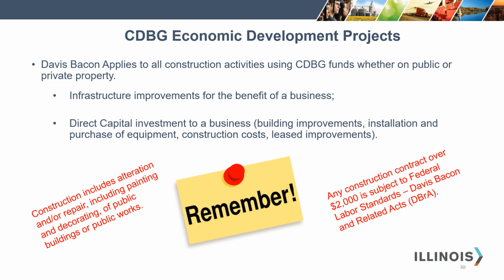Infrastructure improvements for the benefit of a business, direct capital investment to a business for building improvements, installation and purchase of equipment, or construction cost and leased improvements. Construction includes the alteration and or repair, including painting and decorating of public buildings or public works. Davis-Bacon applies to any construction contract over $2,000. So please remember these things if you're working on a CDBG economic development project.